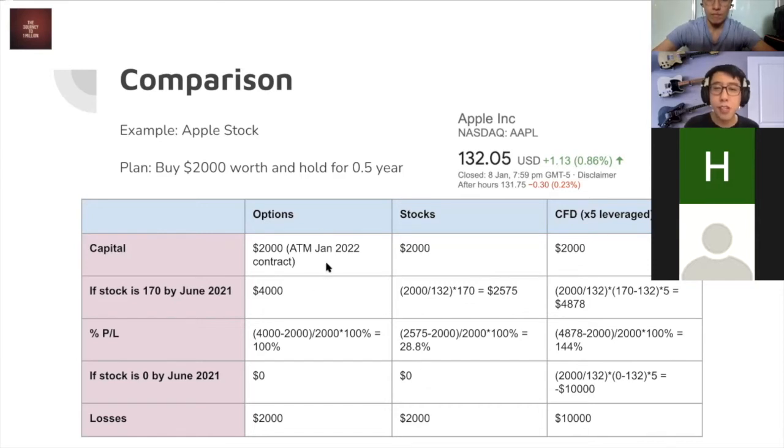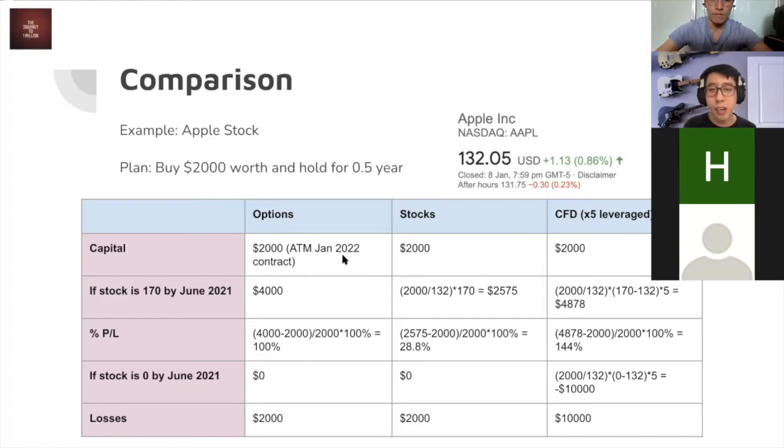But for options, it has a time decay, so you cannot hold on to it forever. Let's say your plan is a half-year plan, but what if in half a year the stock suddenly plunges 20%, 30%, and you do not have time on your side for the stock to recover, and you are forced to sell it.